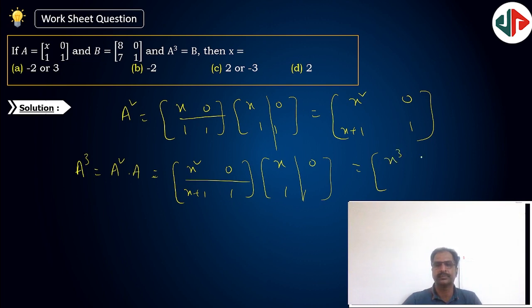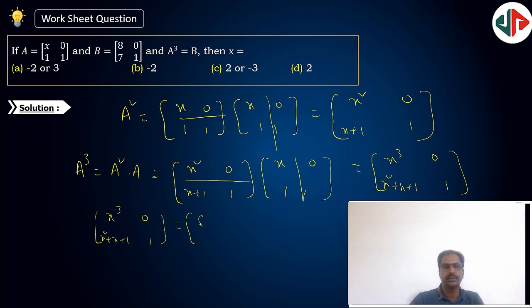6 cube 0. This is x square 6 plus 1 1. That A cube is given as B. So x cube 0, x square plus x plus 1 1 equated to B, 8 0 7 1.